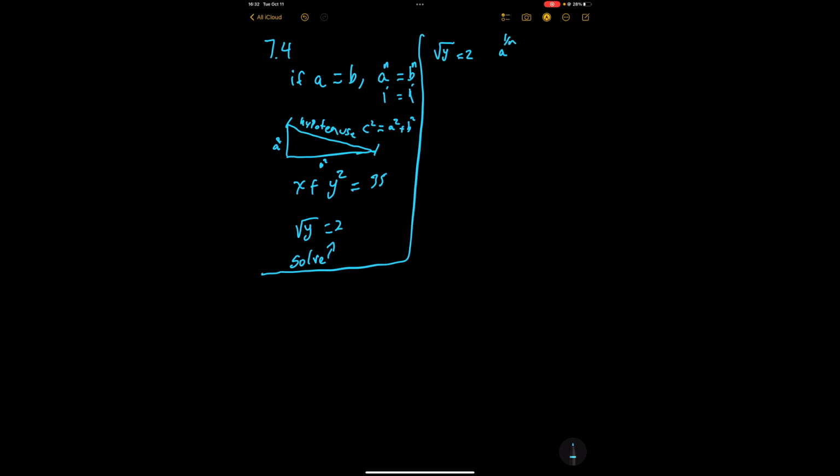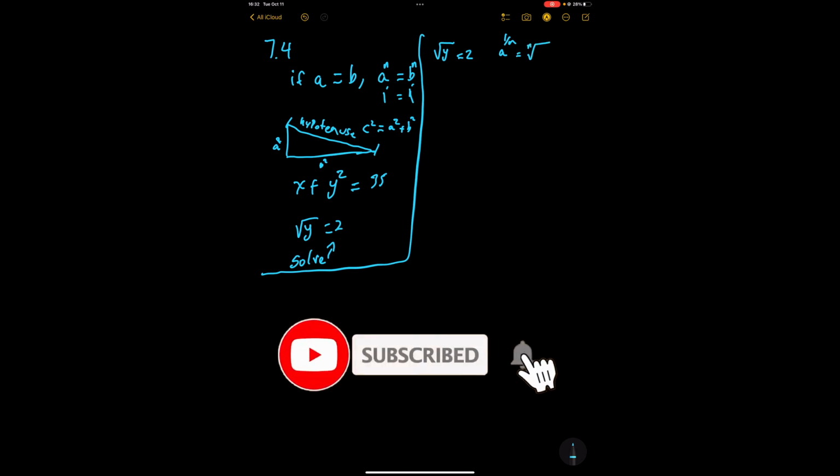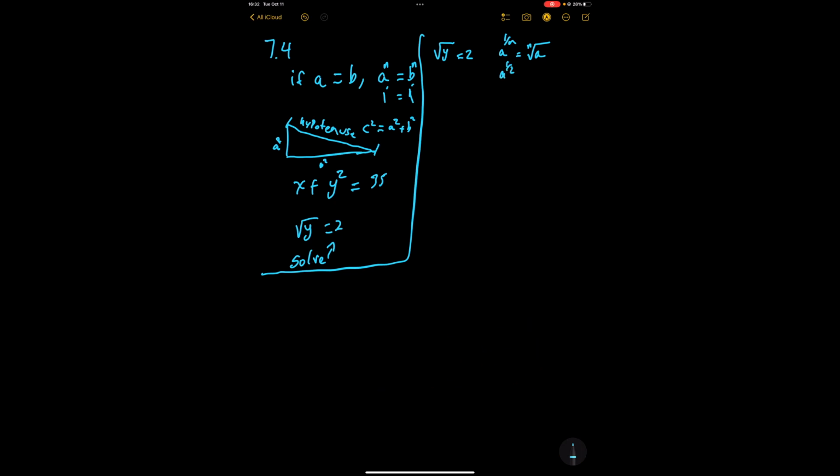That's a fractional exponent. This would also be written as the nth root of a. So if you have a to the power of 1 over 2, it's equal to the square root of a. Or if it's a to the power of 1 over 3, it's equal to the cube root of a. So that's what you're dealing with.